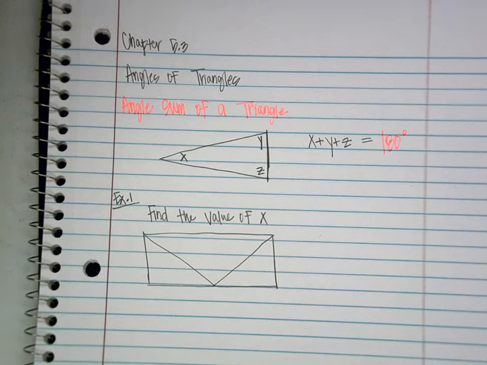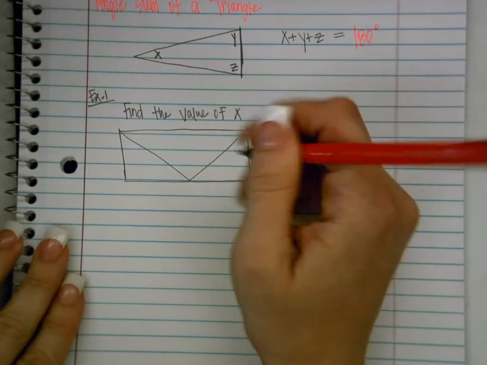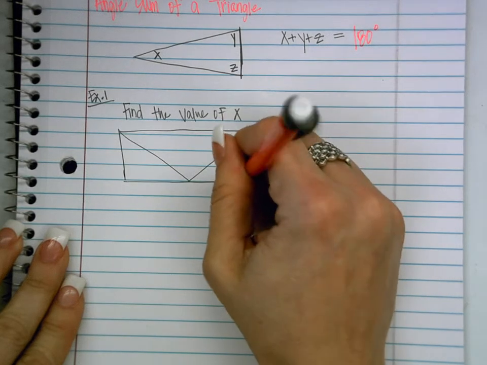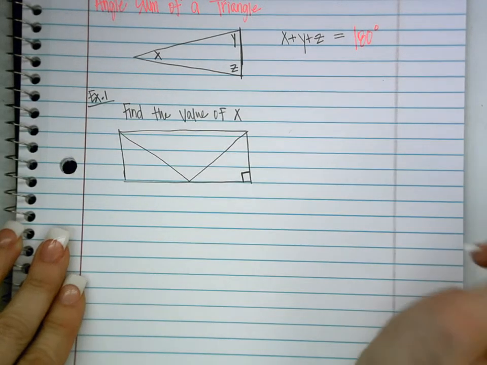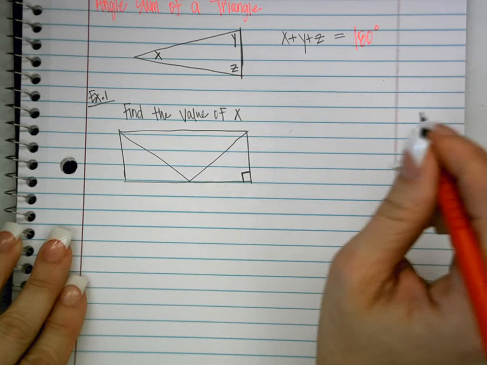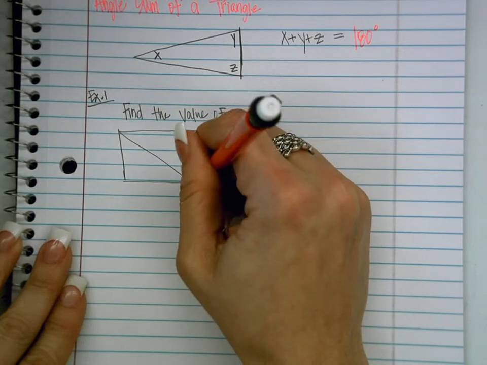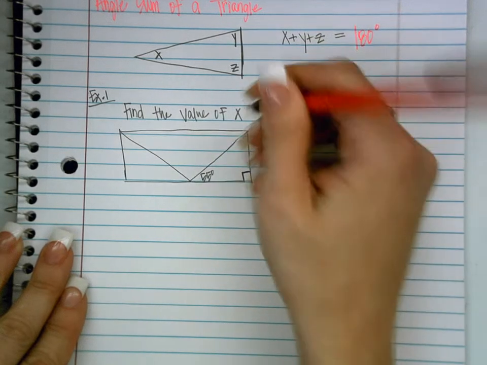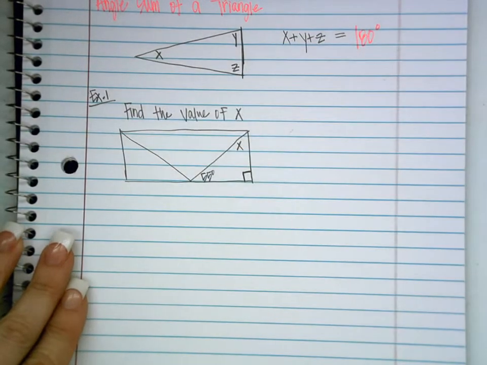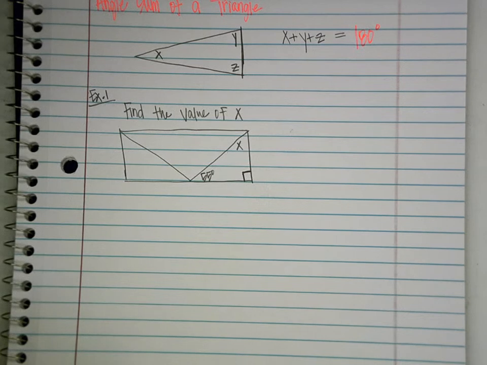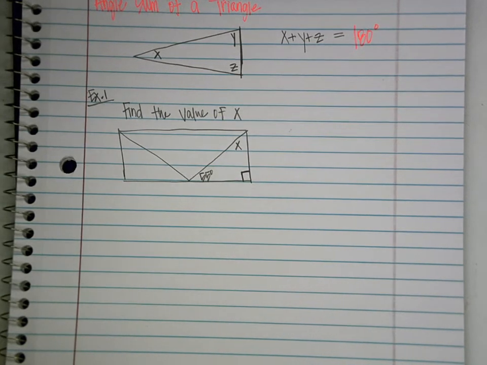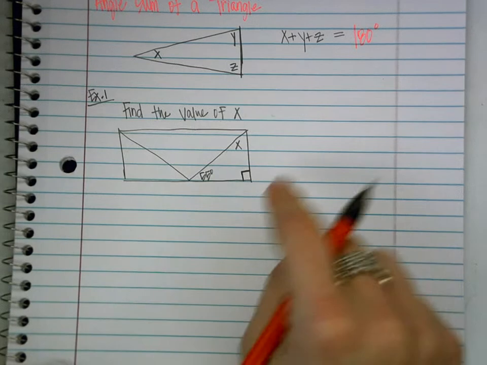If I ask you to find the value of X, if this is a right angle at the bottom, and this one is 55 degrees, and this is X. Does the whole rectangle really matter?